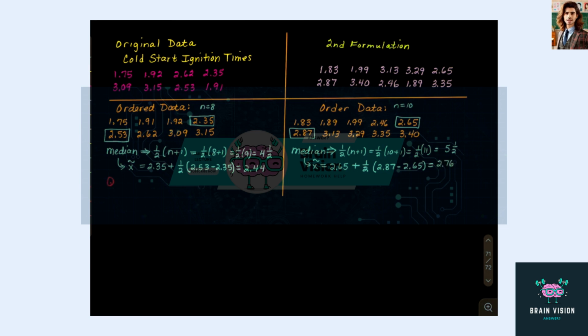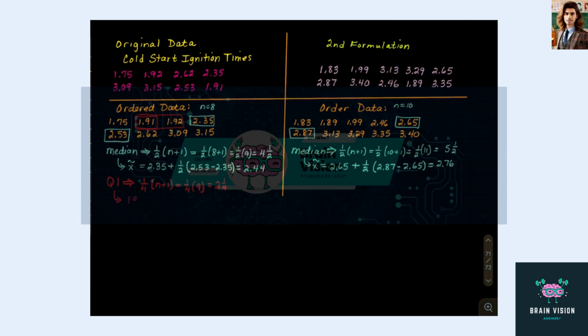Next, we want to find quartile 1, and quartile 1 is the 1/4 mark of the data. So we're going to do 1/4 of n plus 1, or 1/4 of 9, and 1/4 of 9 is 2 and 1/4. So that means we want to count to the second piece of data and then calculate 1/4 of the way to the third.